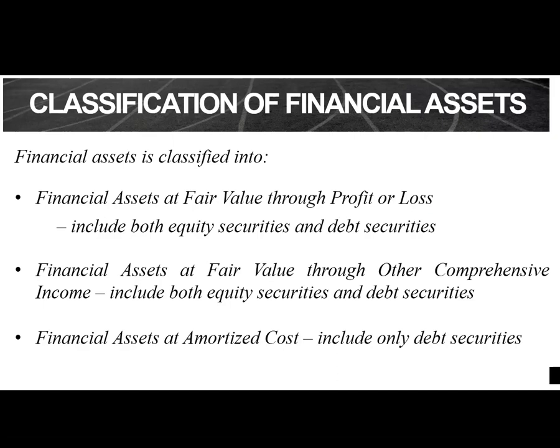The other one is yung other comprehensive income or yung OCI. So itong classification na to, financial assets at fair value through profit or loss, lahat ng changes sa fair value ay i-report natin sa profit or loss or sa income statement as we know in accounting 1.